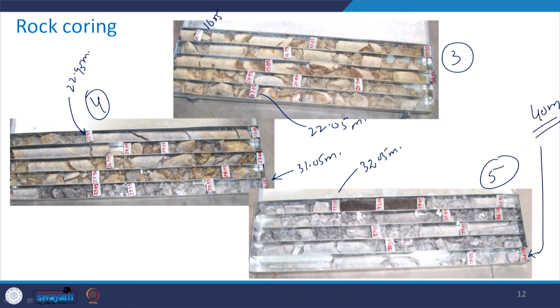That means the depth of that core hole was from the ground surface to 40 meters. So from 0 to 40 meter, whatever you have got, you have arranged it in a systematic manner depth wise in various core boxes, so that it can be transported to the lab for further specimen preparation and testing.